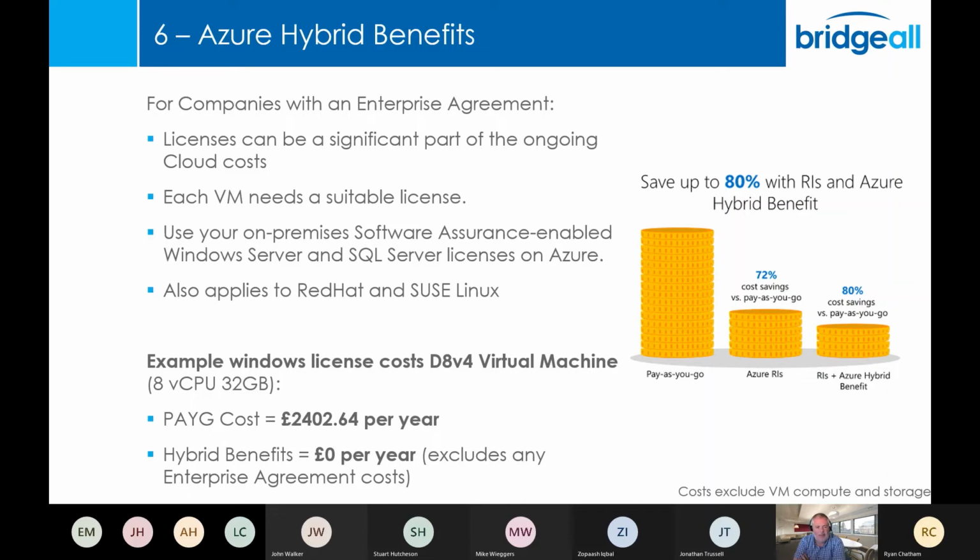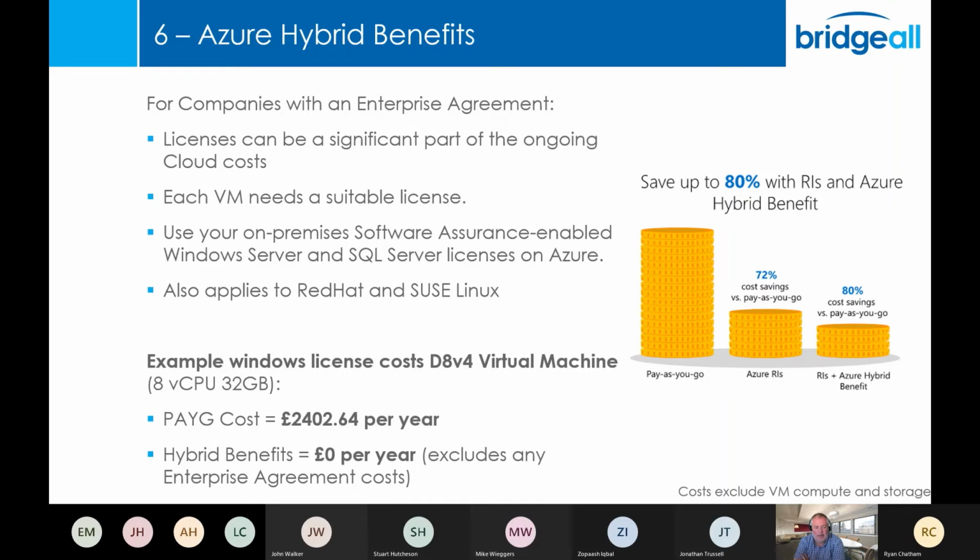In combination with reserved instances, organizations who have an enterprise agreement can take advantage of Azure Hybrid Benefit. The licensing can be a significant cost on ongoing cloud services. For every Windows VM, you would need a license.